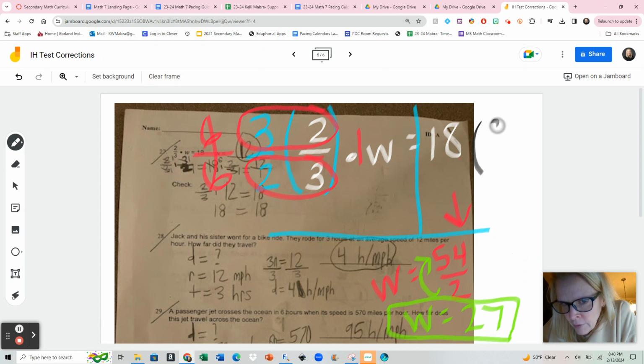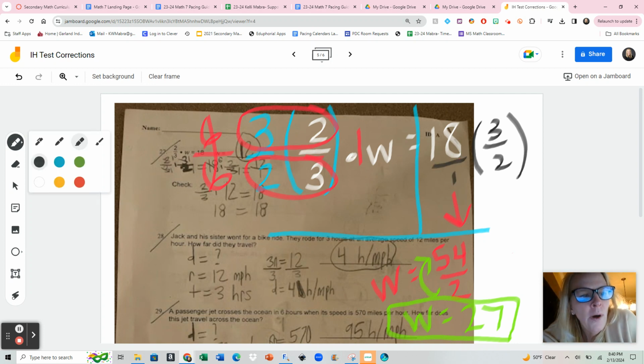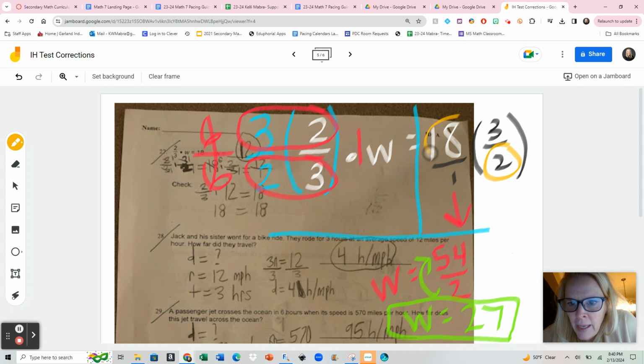You may already know how to do this, but I'm going to share it anyway. This is really 18 over 1. Look at the numbers opposite each other, 2 and 18, and you can cross reduce.